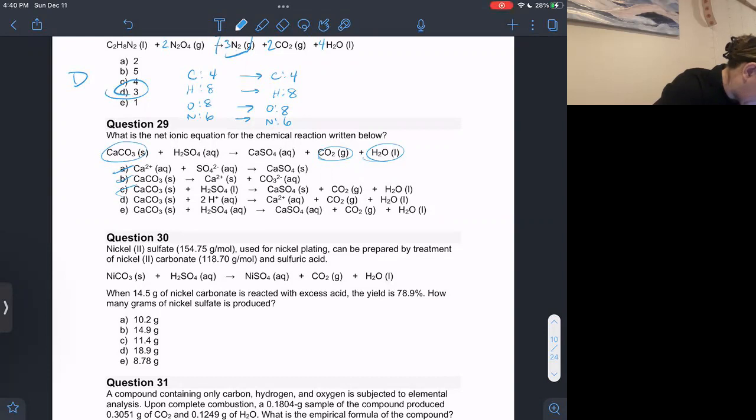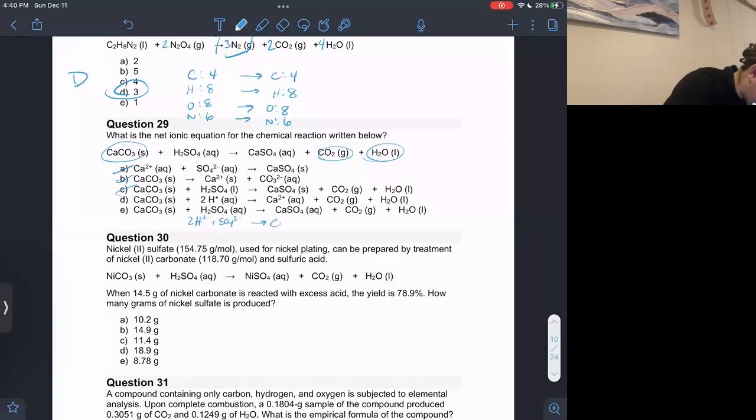This looks good to me. The D looks good. Okay, and then did they just rewrite this? This is the same equation. This is what we're given. Okay, so I know it's either going to be D or E. So H2SO4 is going to split up into 2H plus and SO4 2 minus.